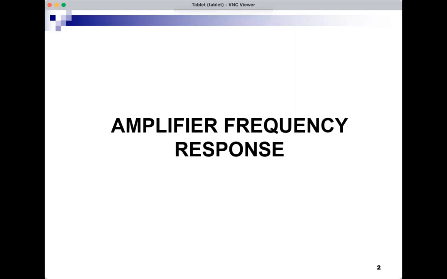If we assume for now that we have just a sine wave at the input, it will have a single frequency component, and the frequency at which this signal is oscillating plays no role, at least in this equation, that VO is gain times VI. The frequency does not appear anywhere.